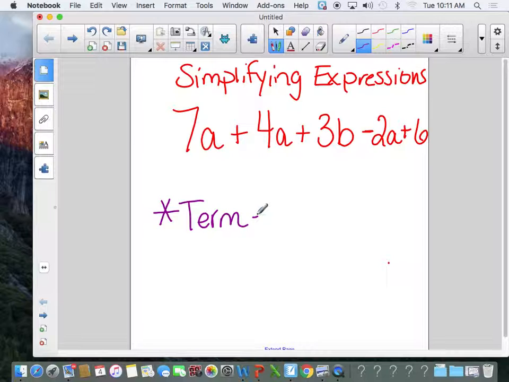Variables. What else? A number. So numbers and variables are being separated by addition and subtraction. So a term is a number, a variable, or a number and a variable.